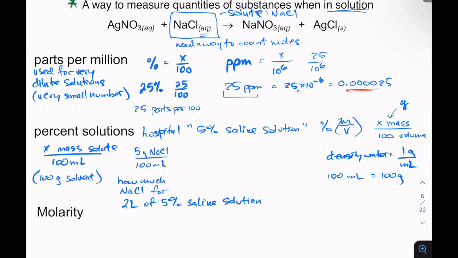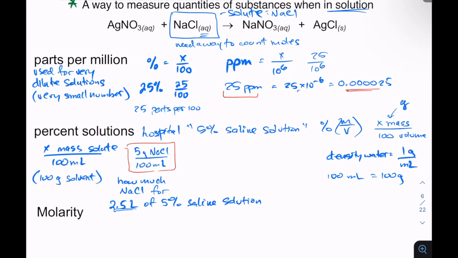If we had 100 milliliters of it, we would need 5 grams, right? But now we don't want 100 milliliters, we want 2 liters of it. Well, let's figure out what that is. For some reason, I want this to be 2.5 liters, sorry, just because that's how I have it in my notes. All right, so let's solve this for 2.5 liters. So just take a look. This is your defined ratio. In a 5% solution, it's 5 grams per 100 milliliters.